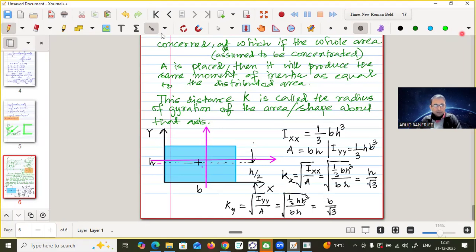That means I can identify this point. Therefore, this is the radius of gyration. This is kx, about the x-axis, and this is ky.